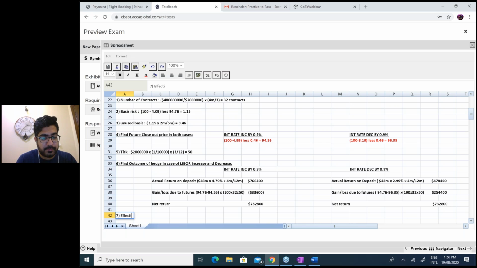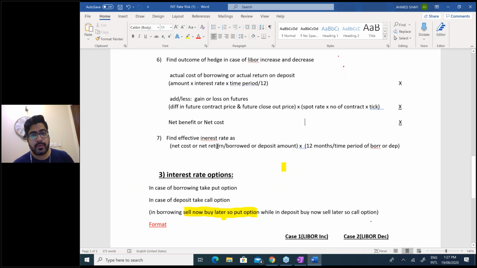Effective rate, pay attention. The formula of effective rate is very easy. Net cost or return over borrowed or deposit amount, into 12 over the time period. So what is the net cost or return?